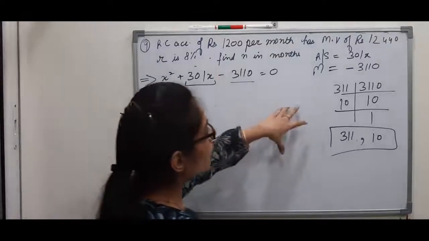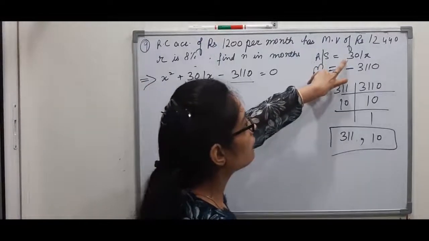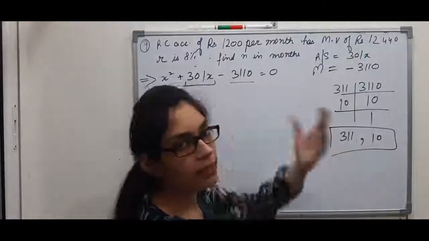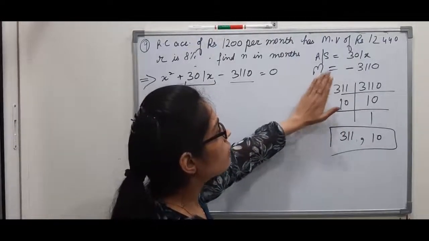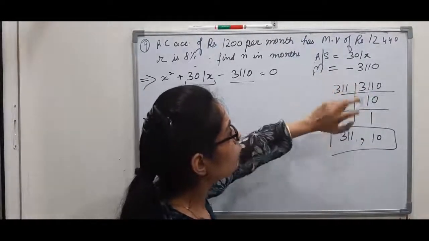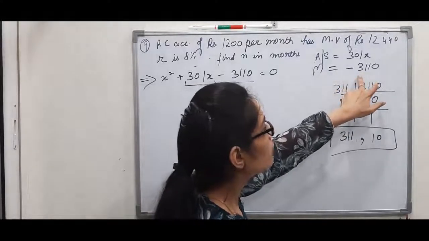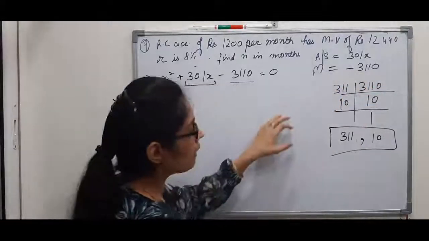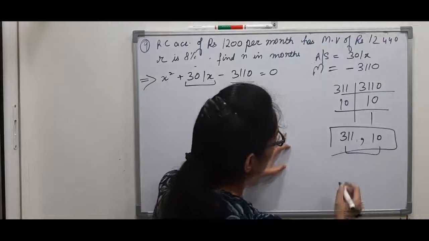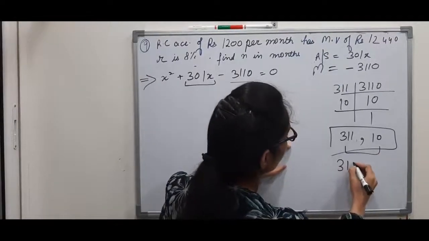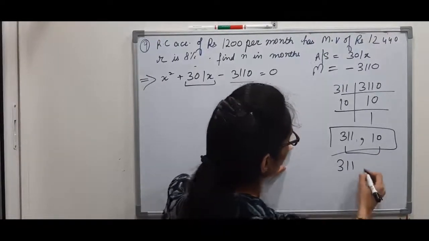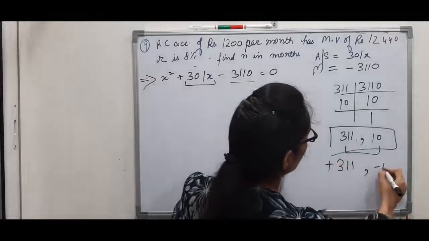So I need the sum as plus 301 and the product of the two numbers as minus 3110. I will choose 311 plus 311 into minus 10.